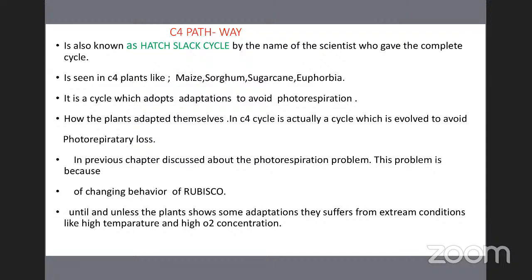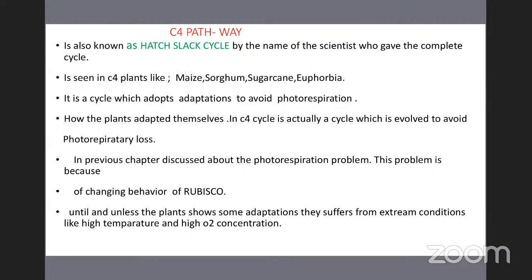This Hatch-Slack cycle is seen in C4 plants like maize, sorghum, sugarcane, and euphorbia-like plants.